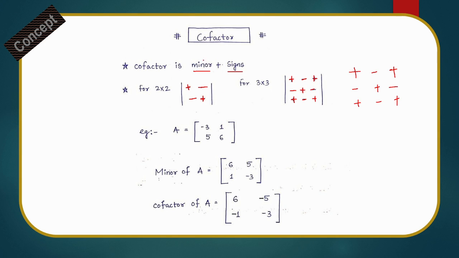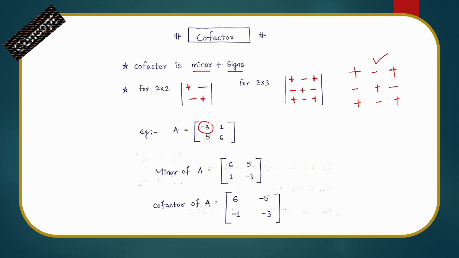So first we have to calculate the minor, then we have to apply the signs, then you can find out what is the cofactor. For example, if A is minus 3, 1, 5, 6, the minor matrix of A is 6, 5, 1, minus 3, because let's see for each element.